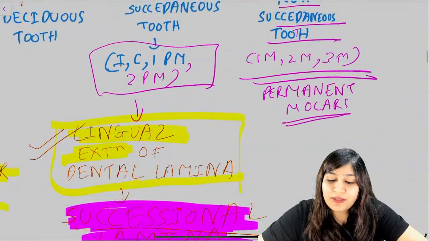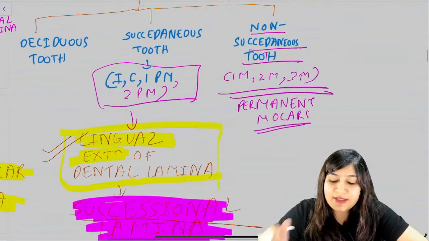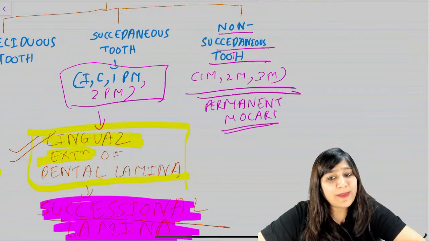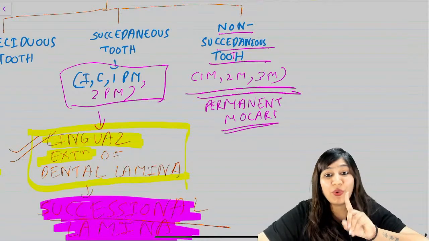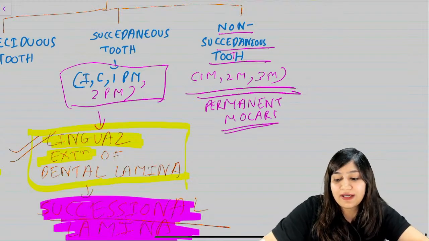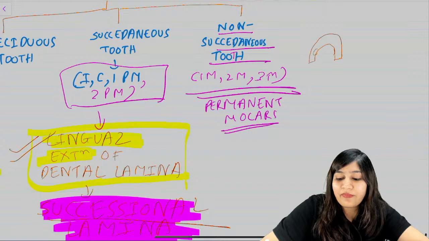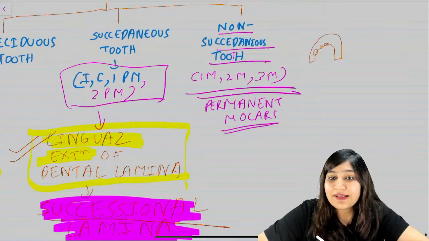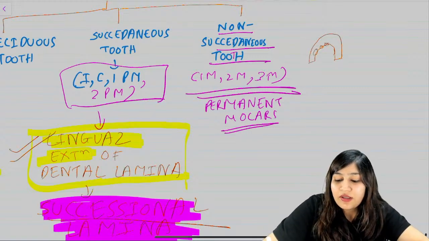Now coming to the non-succedaneous teeth. Do they arise from the same extension of dental lamina? No. They arise from the distal extension of dental lamina. Till here our succedaneous teeth arise from the lingual extension. This will be our distal extension.